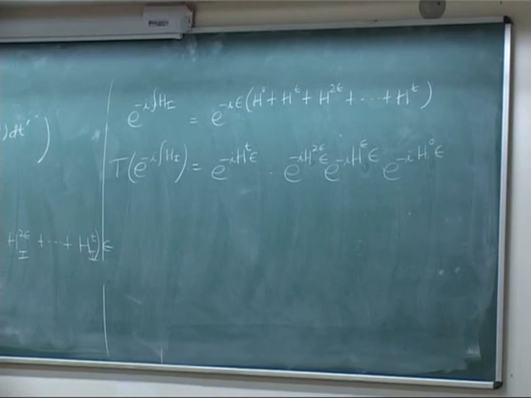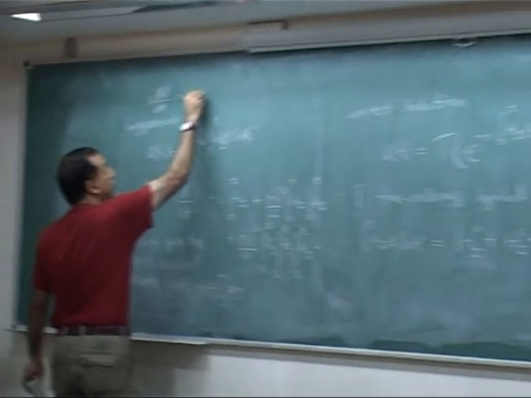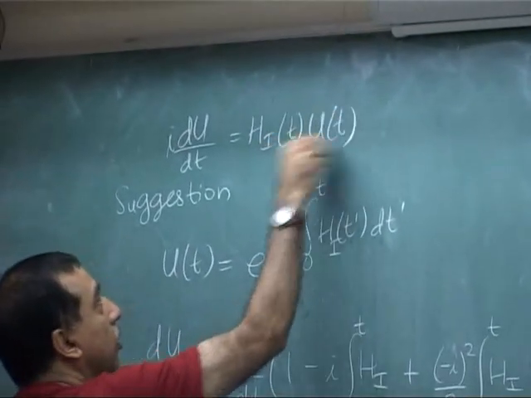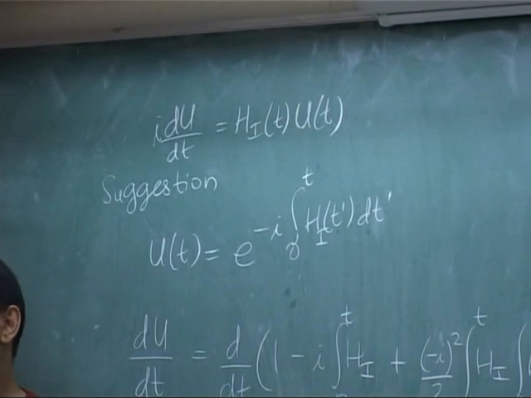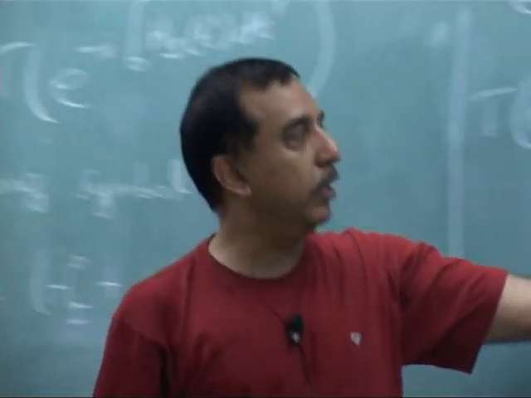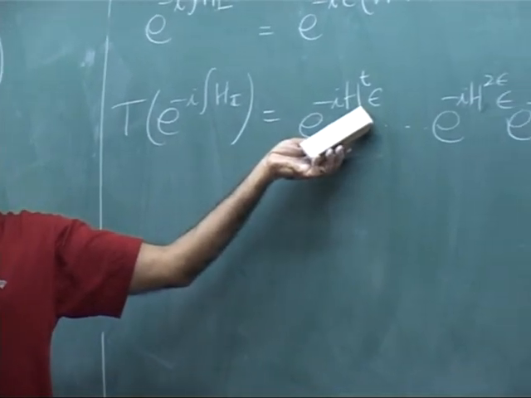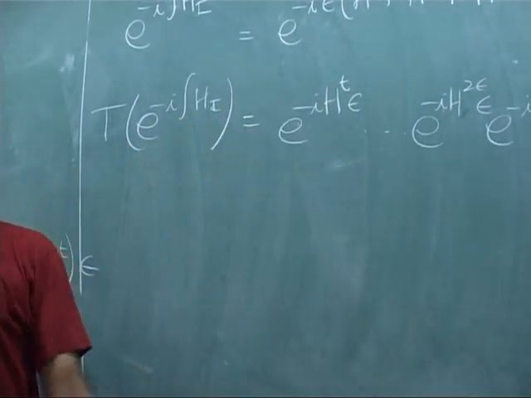The equation says i du by dt is h_i at t times u at t. So when I differentiate, I would like to have the h_i at t come on the left of everything. In this form, it's already on the left of everything. In this form, it's jumbled up with everybody else.